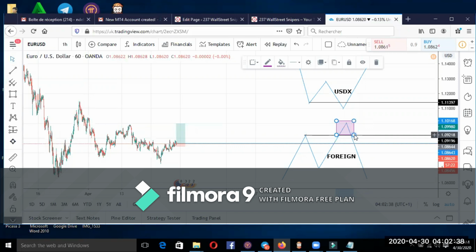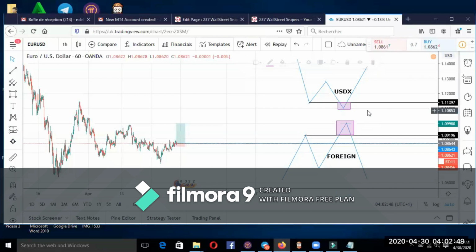All these boxes are always running stops, running buy stops or sell stops, right? So this is symmetrical. This is what we call symmetrical, when they do the opposite of what we expect them to do, right? Now watch this.